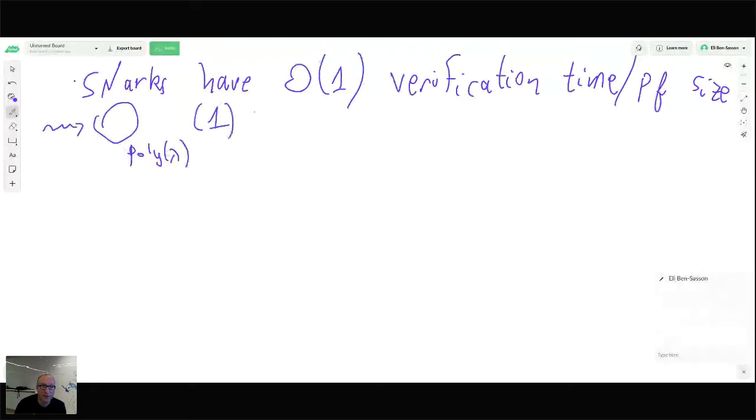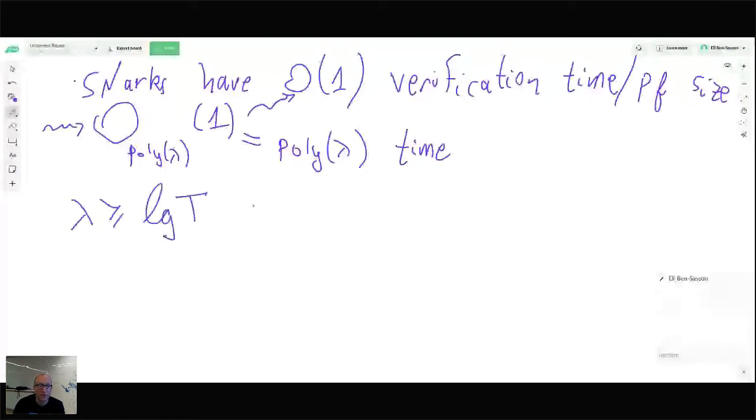So this equals some polynomial in the security parameter. Now, what is the security parameter? It turns out that the security parameter must be at least the logarithm of t. So what you really have here is that it is also polynomial in the logarithm of the running time, which is exactly what we call scalable verification.